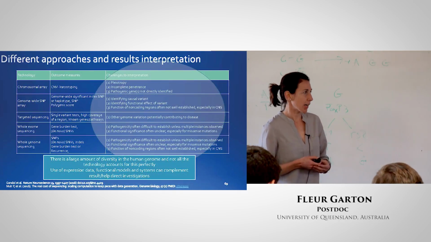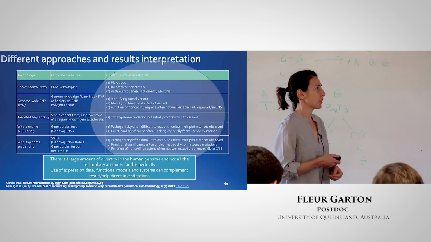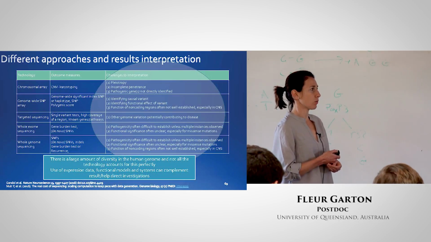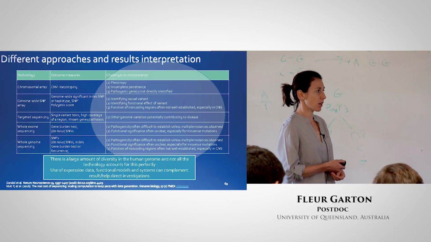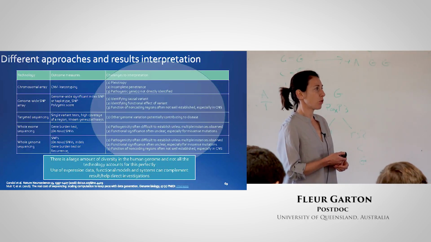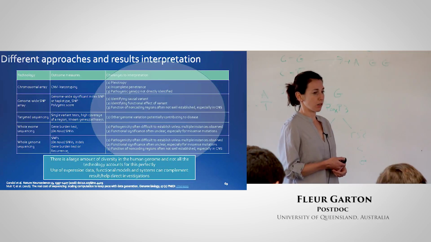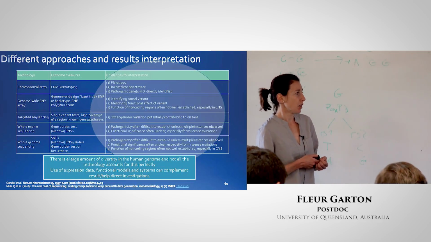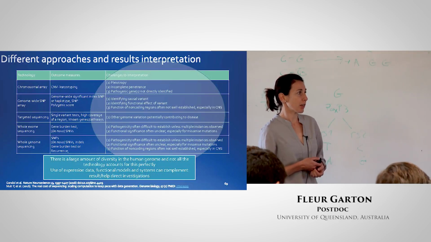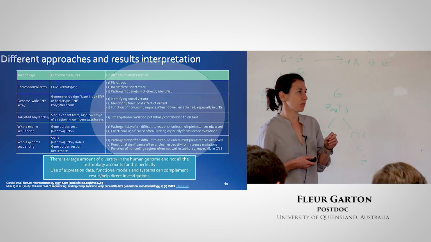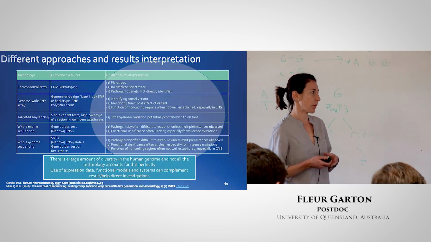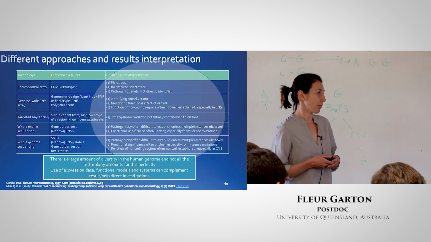This is just a summary table for your reference of the different ways you can look at the DNA, what the outcome measures of these are, and again, what the challenges are to interpreting each of these data sets. And as you know, for a genome-wide SNP array, often the top SNP or identifying the causal variant isn't necessarily the causal gene, and we'll talk about that a little bit later.